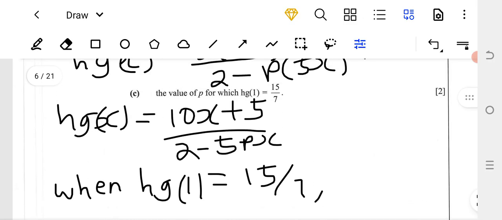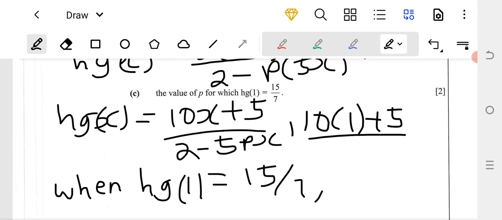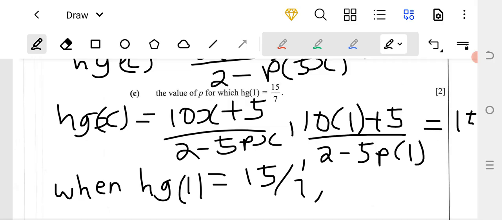So it's going to become 10 multiplied by 1 plus 5, divided by 2 minus 5p multiplied by 1, is equal to 15 over 7.